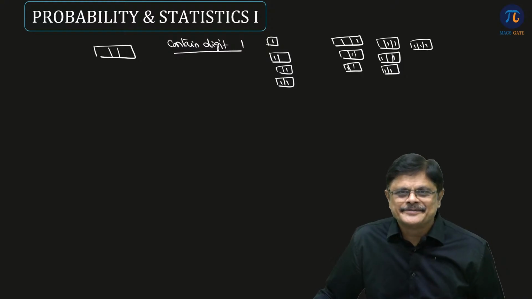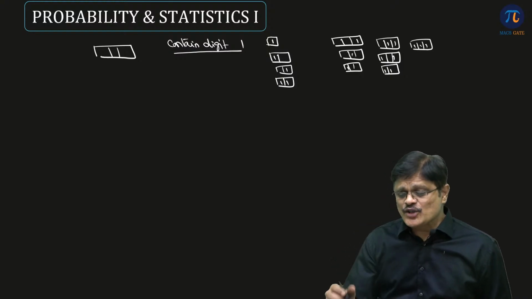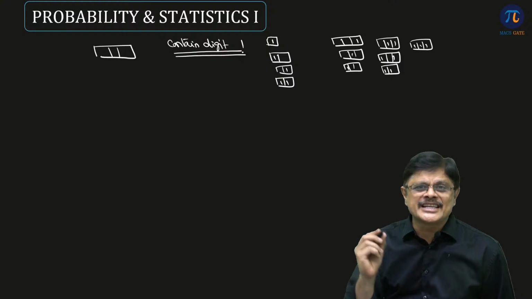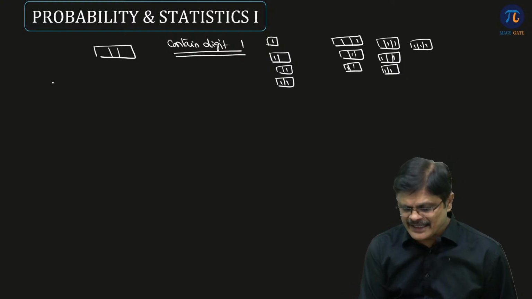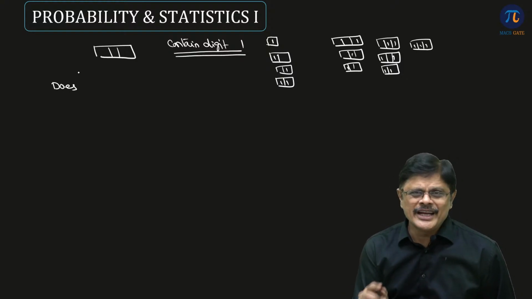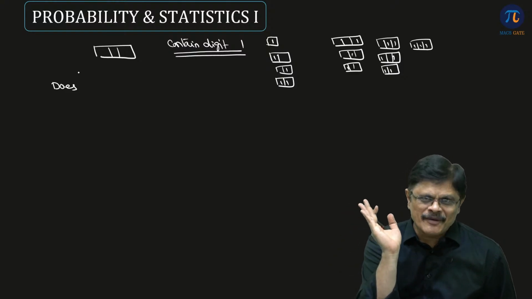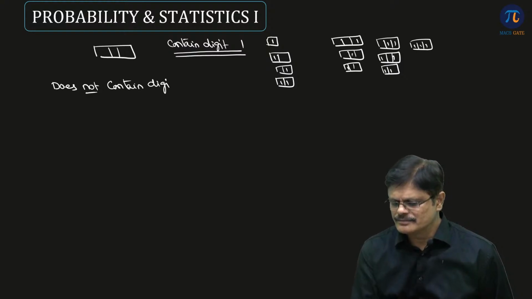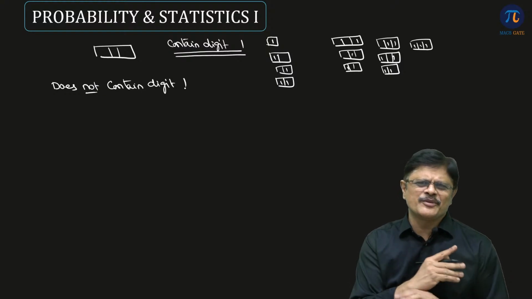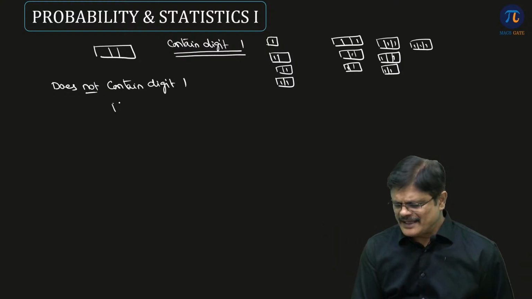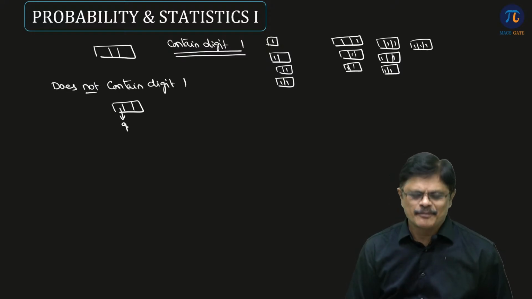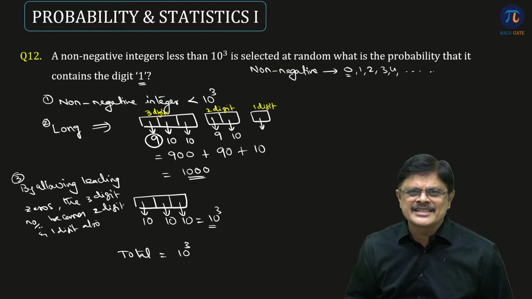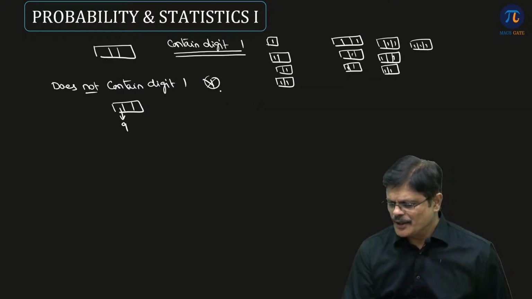But if I want it to contain the digit 1, what I do is find how many non-negative integers less than 10 power 3 do not contain digit 1. That means digit 1 is not at all used. So there are 9 choices, because earlier 10 digits were there, but now 1 is not used.